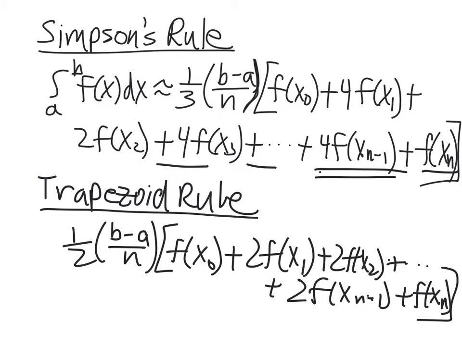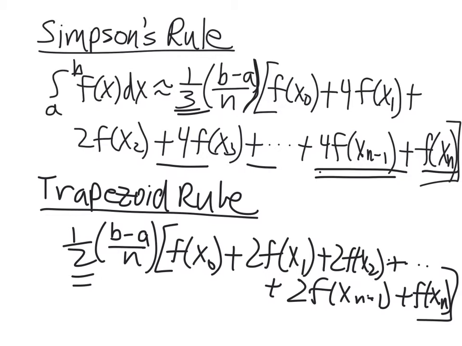So a couple things to keep in mind. Simpson's rule, we have 1/3 times the b minus a over n. Trapezoid rule is 1/2 times the b minus a over n. And then your coefficients of your function values: 1, 4, 2, 4, 2, 4, 2, 4, 1 for Simpson's rule, and 1, 2, 2, 2, 2, 2, 1 for trapezoid rule.